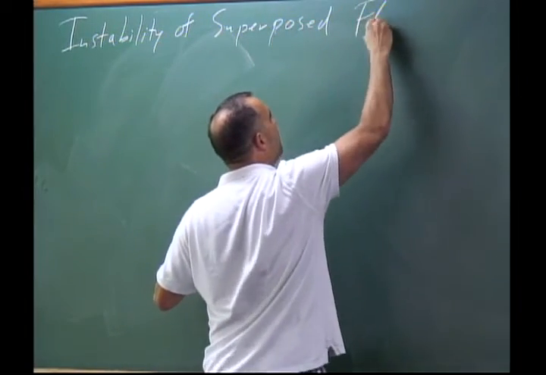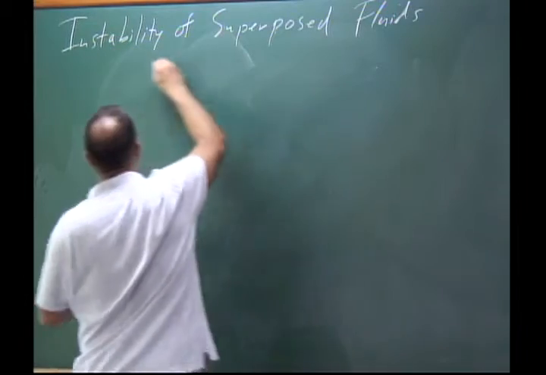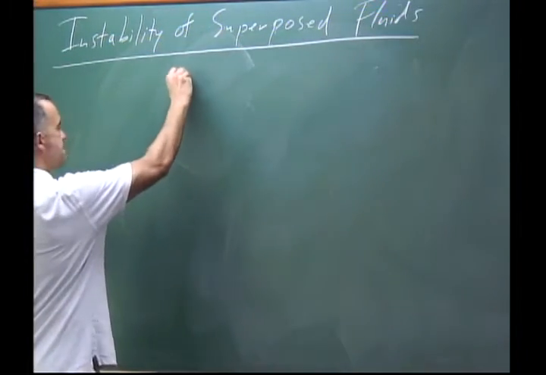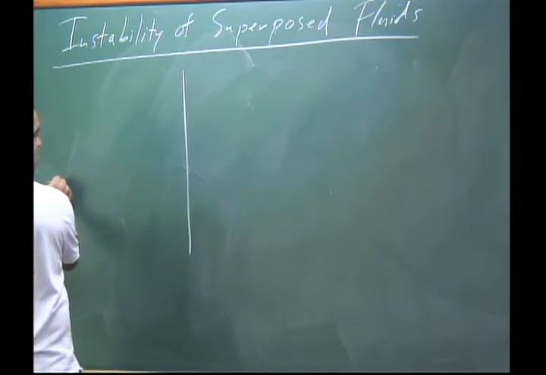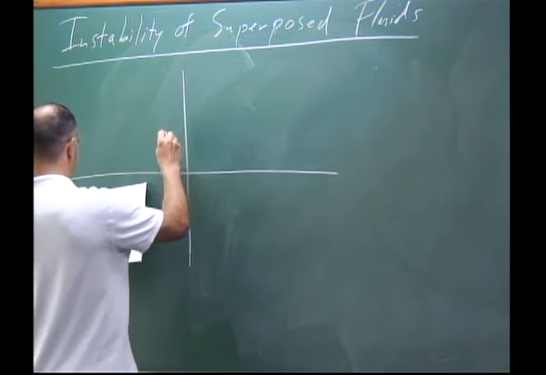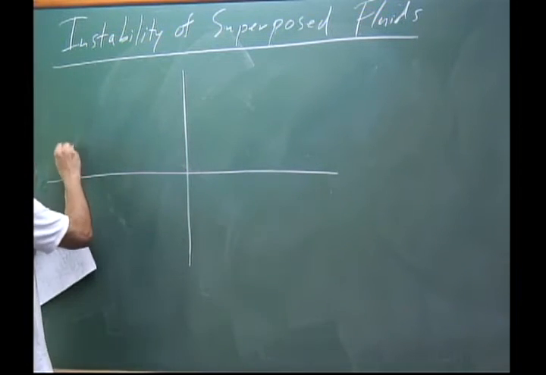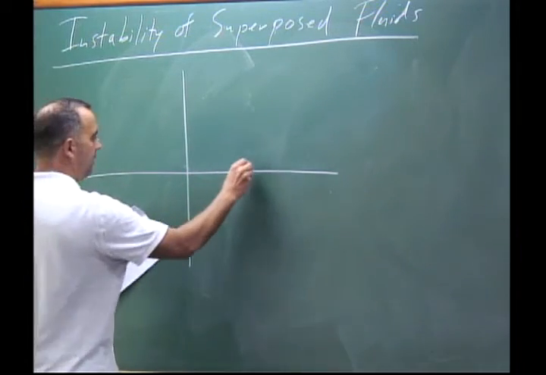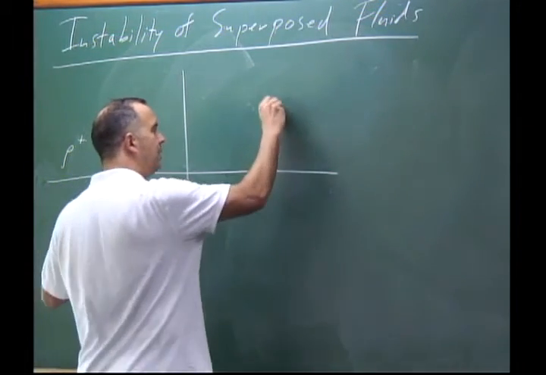So instability of superposed fluids. So we have one fluid over another, and there's going to be relative motion. So we have rho plus over rho minus. We have surface tension at the interface.